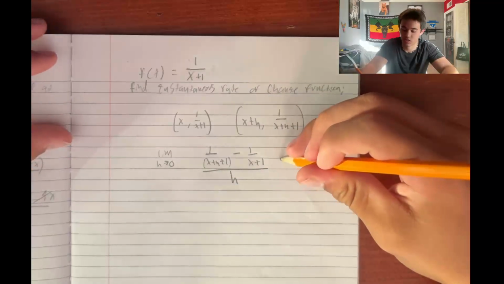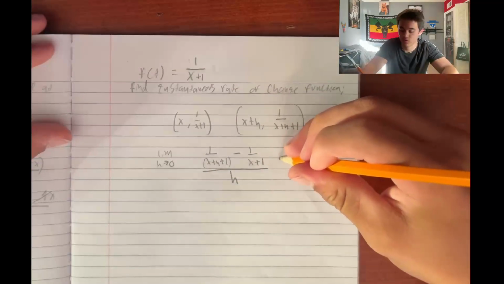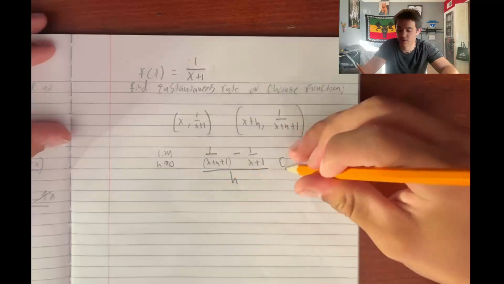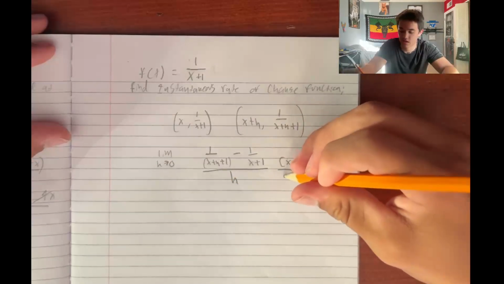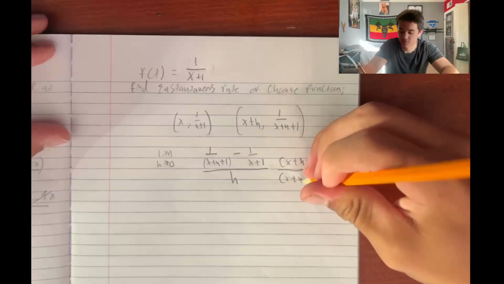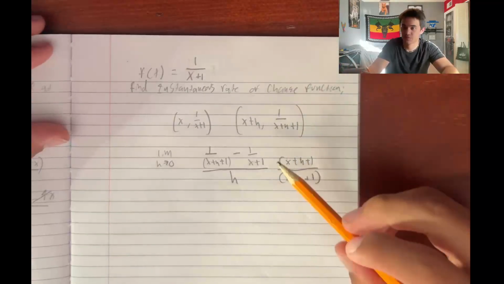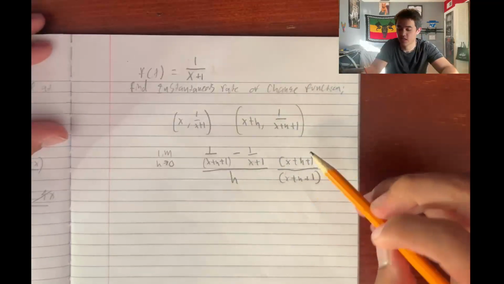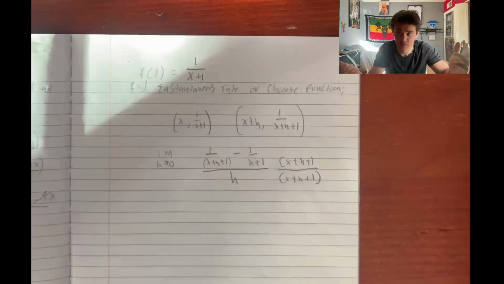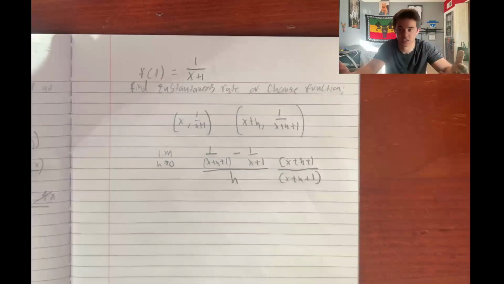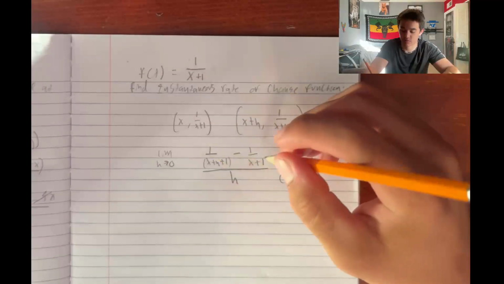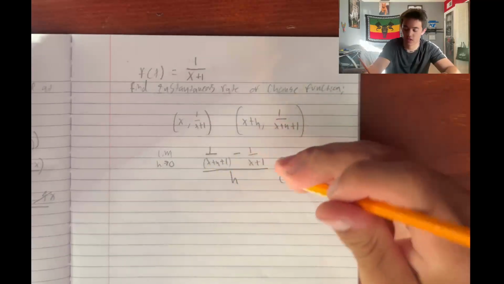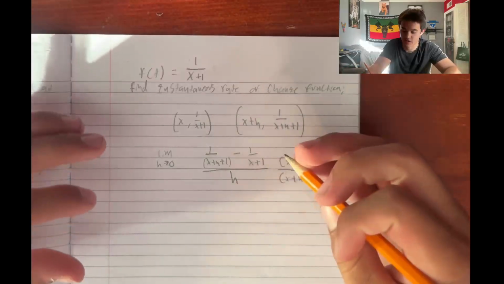You guys will see. Let's start off with clearing this denominator, x plus h plus 1. I'm going to multiply top and bottom by this, because it simplifies out to 1, and if you're multiplying a function by 1, it doesn't change it. So it's going to cancel here, and then you just have to add everything in.